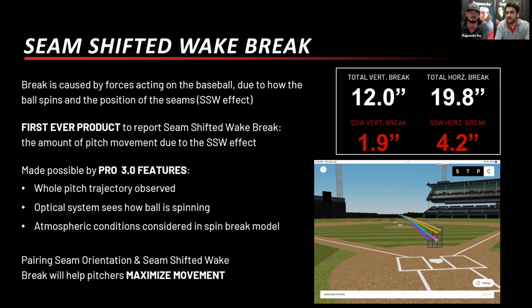And then, as you said, you'll be able to save those settings if you don't want to have to input them every time if they're not changing. And the big thing here is then pairing the seam orientation data with this seam shifted wake break data to really see what orientations will get you the most break so that you can maximize your pitcher's movement.